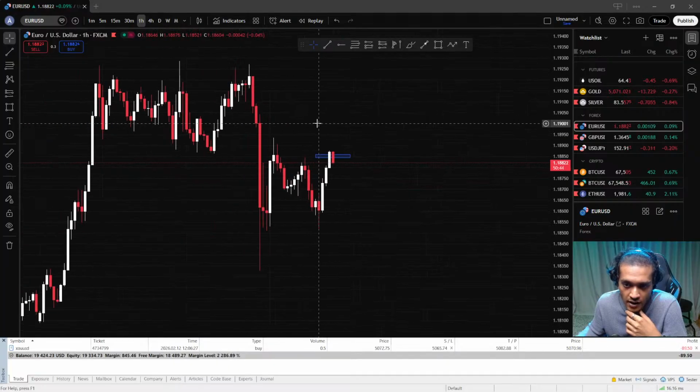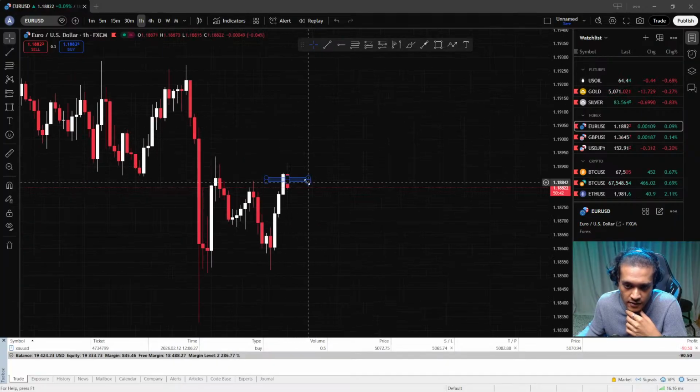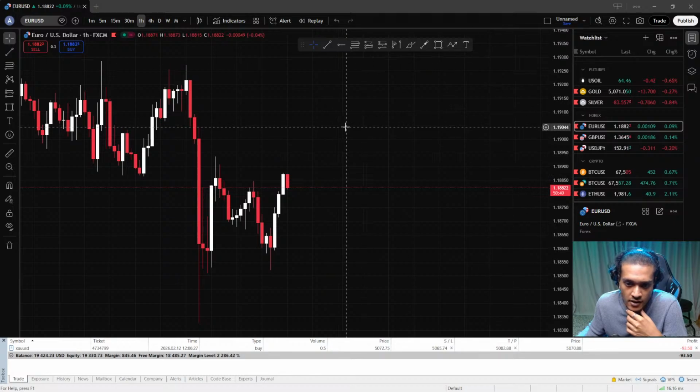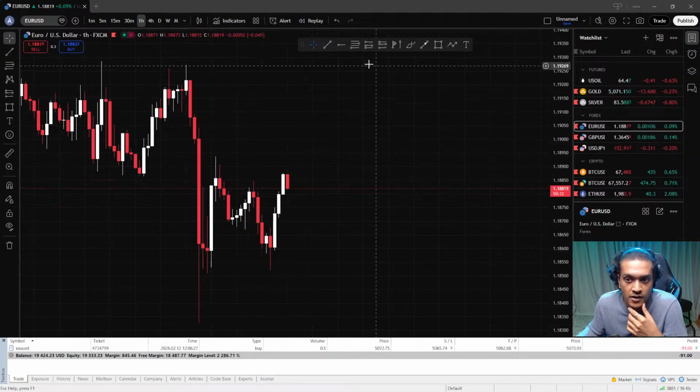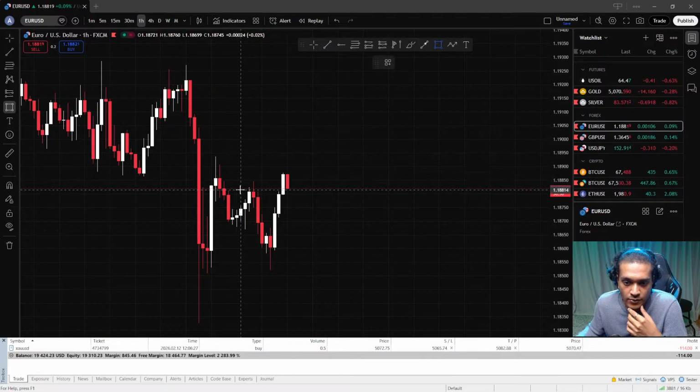Currently, I wouldn't say this is a sell. Let me remove this. This is a pullback structure of H1, because this is a very solid candlestick close, also a breakout structure towards here. Let's look at here. Apparently in this area there's a fair value gap.